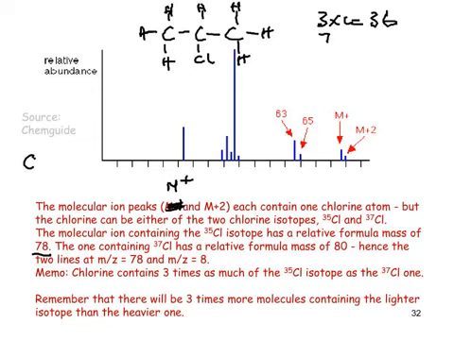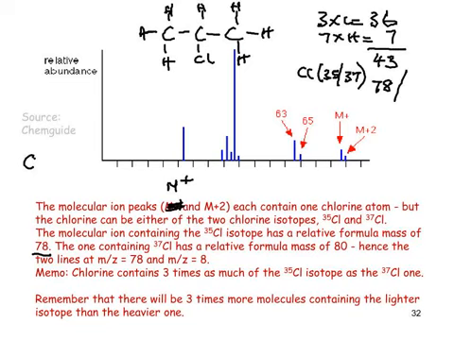It's got 7 hydrogens, gives us 7. Now that part, excluding the chlorine at this stage, comes out to give us a value of 43. Now the chlorine is going to add either 35 or 37 to that. So if it's 35, we're going to end up with 78. And if it has the 37 chlorine isotope, then it's going to come out at 80.